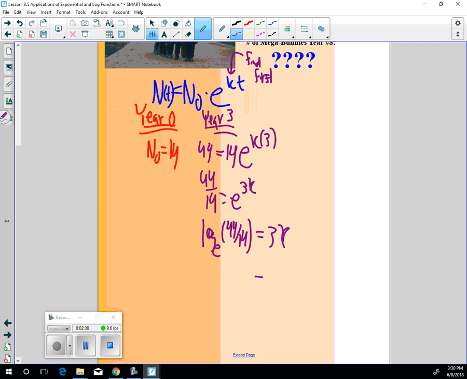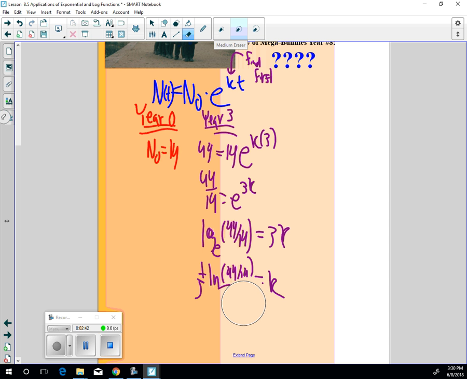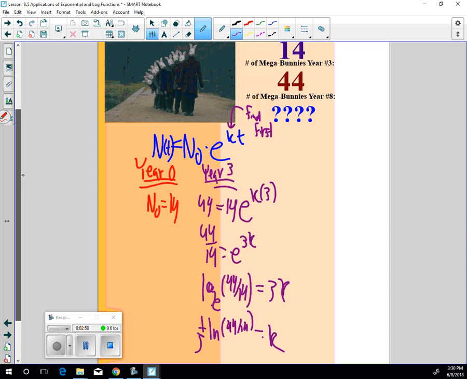So if you took k equal to natural log base e, 44 over 14, and divided by 3, or multiplied by 1/3, then you'll have k.